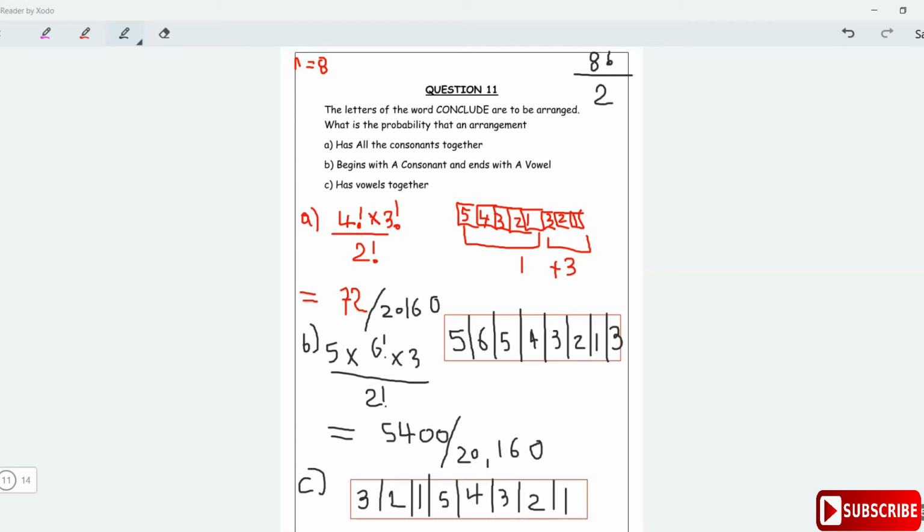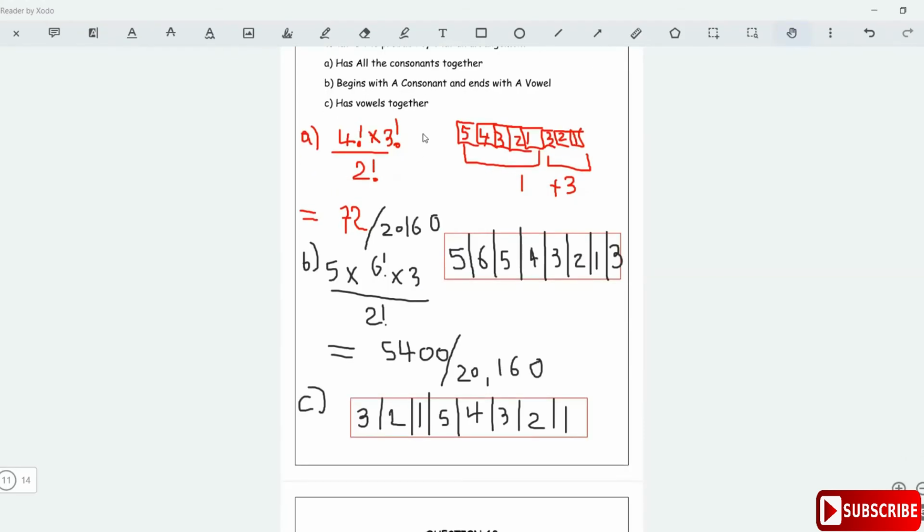All right, so what's the probability of all the vowels being together? The probability is going to be equal to, first thing we need to find out, the numerator, simplifying.